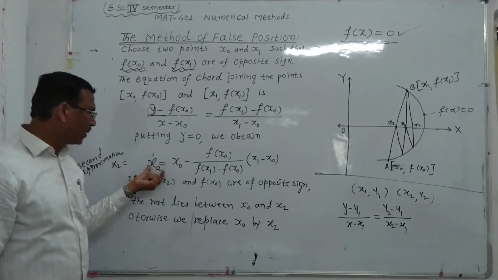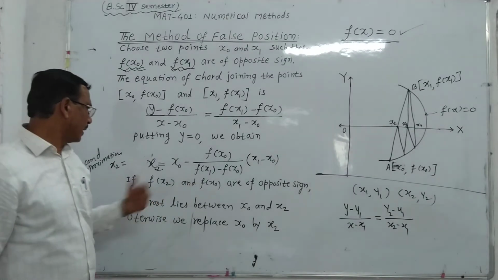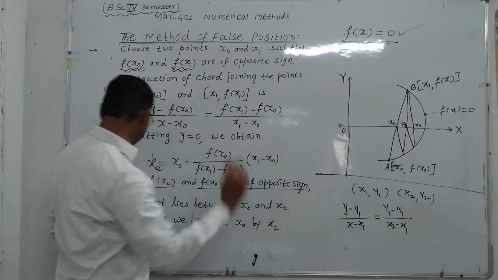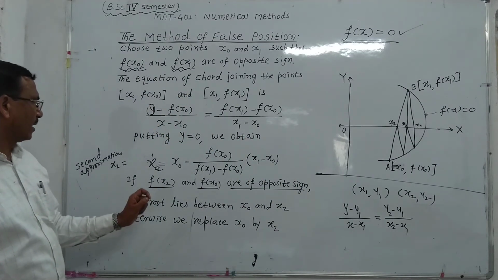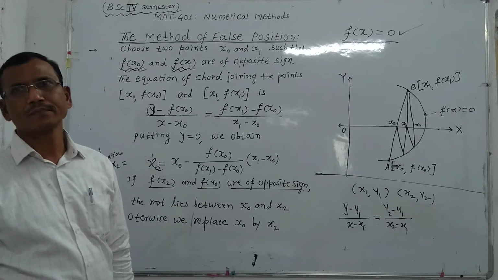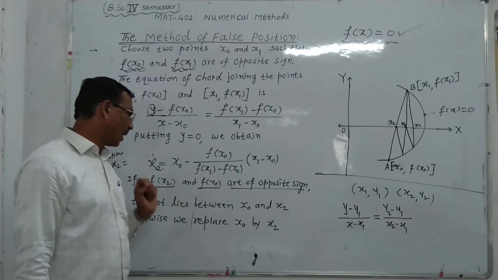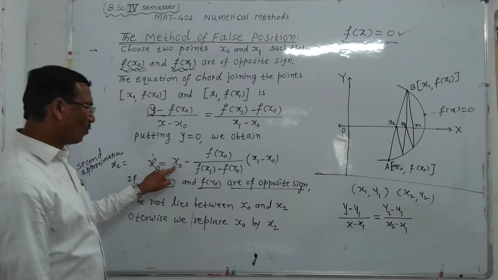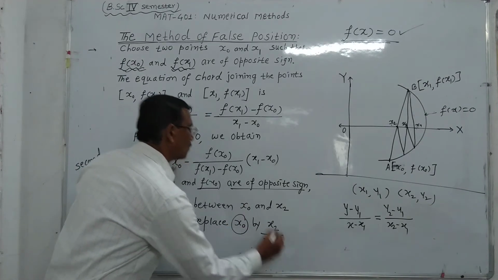Now find f(x2). If f(x2) and f(x0) have opposite signs, then the root lies between x0 and x2, by that theorem. Then in this equation, we replace x0 by x2.